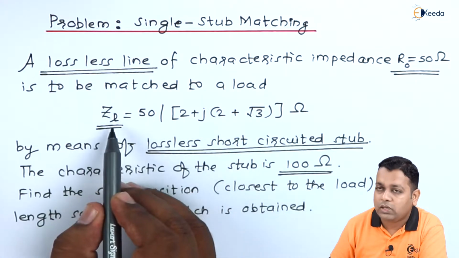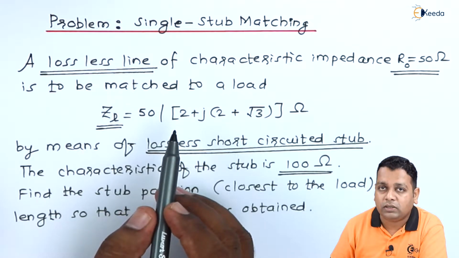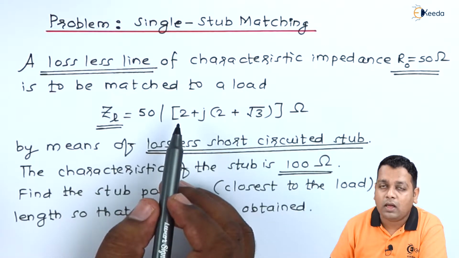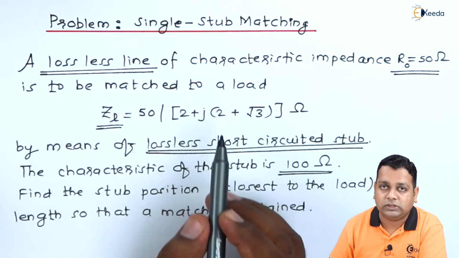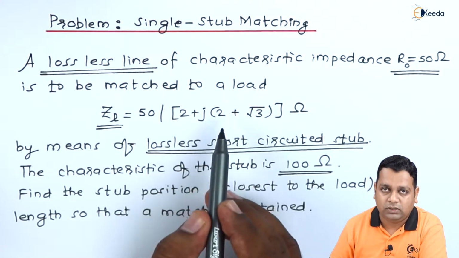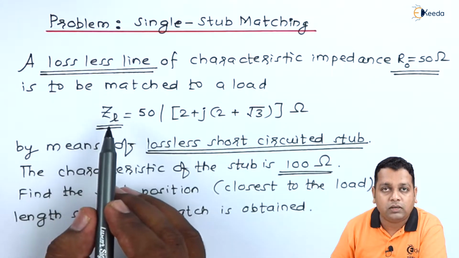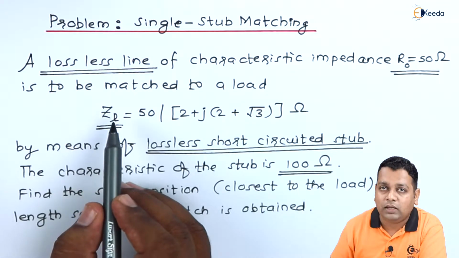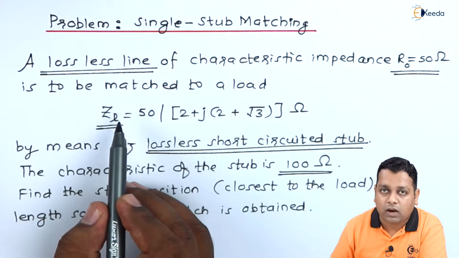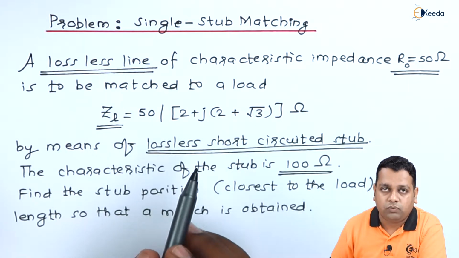For the load impedance we have the pure resistance represented by the real part that we may compute, and the pure reactance will be associated with the j factor. Now this is the generalized load impedance. We have to make it in the normalized form and then put it onto the Smith chart so that we can carry the further processing forward.